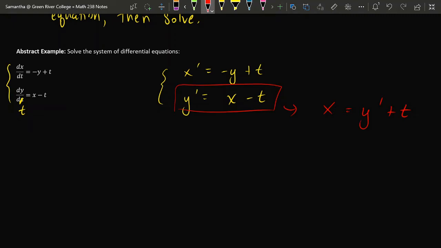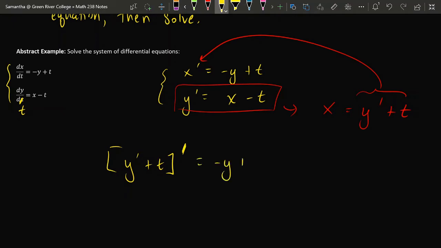Having achieved that, I can now take this expression and plug it back into whichever equation I have not yet used. And so now instead of x prime, I can write the quantity y prime plus t, prime, equals negative y plus t.